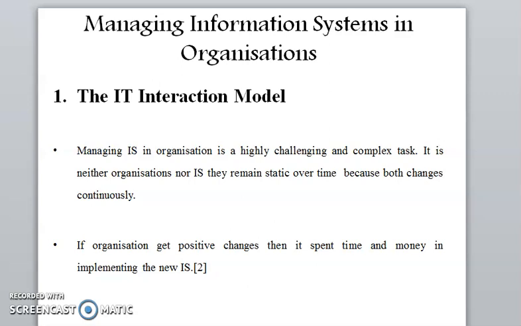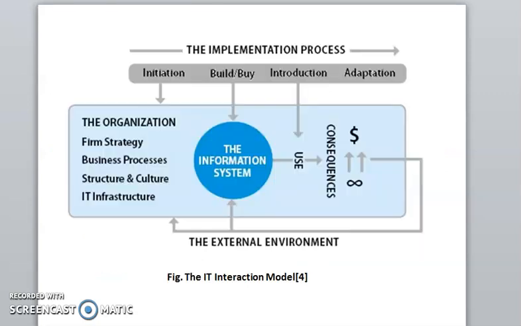The model asserts that the effects of an information system for an organization emerge over time as the result of the interaction of the system with the organization. If the organization gets positive changes, then it spends time and money in implementing the new information system.